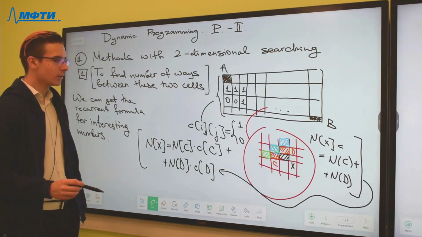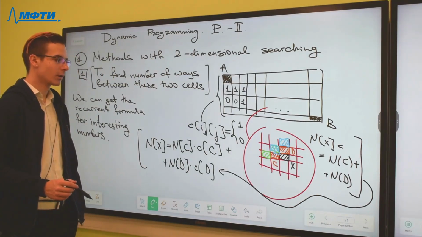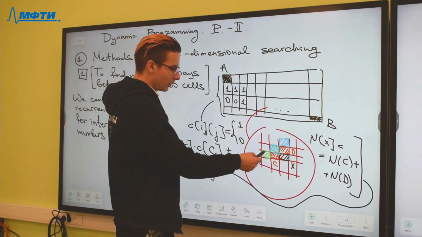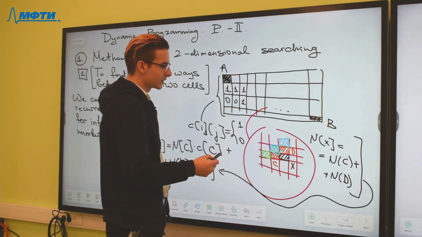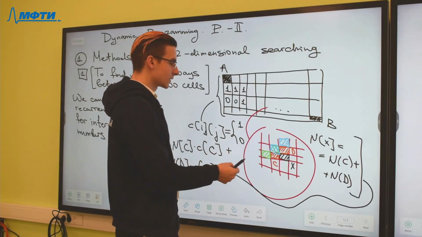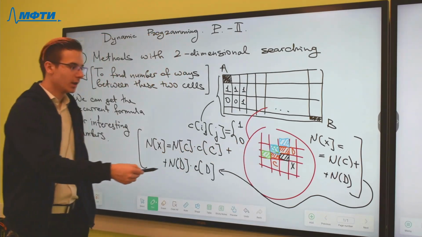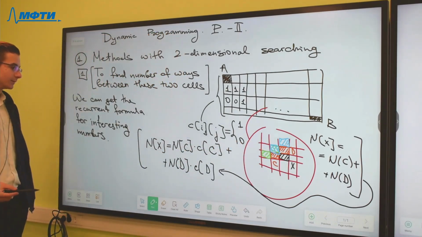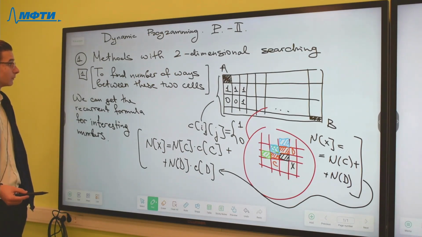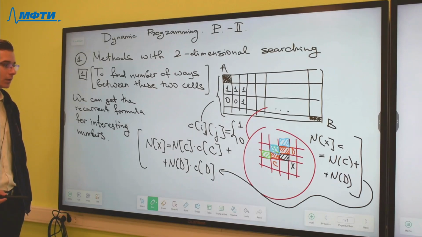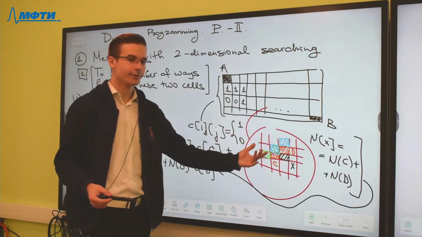And so, if we use the recursive formula, then we find ways from A to this cell twice, and then we can use memoization to reduce the complexity of these recursive computations.